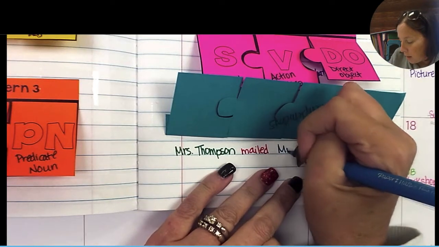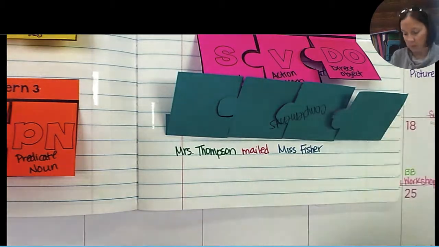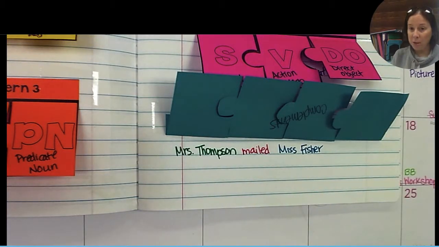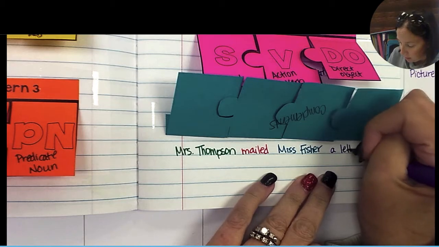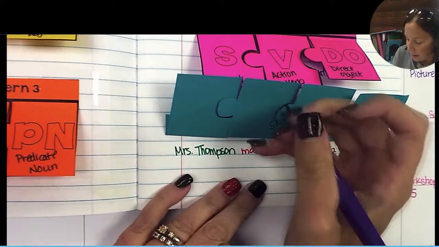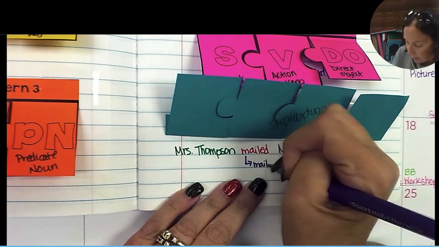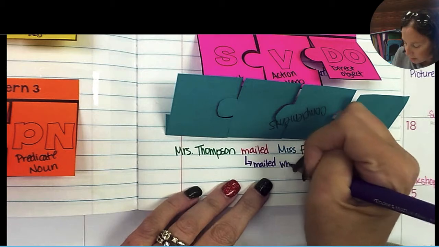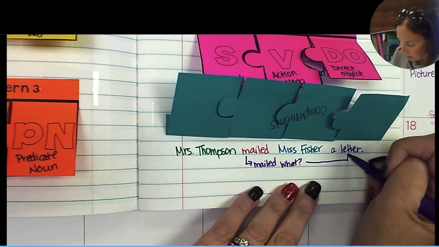So, Miss Fisher. But then I'm keeping my direct object. Okay, so once again, I'm going to ask the same question again. Mailed what? Okay, this answer is right here.